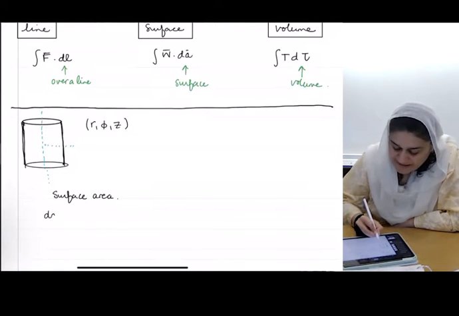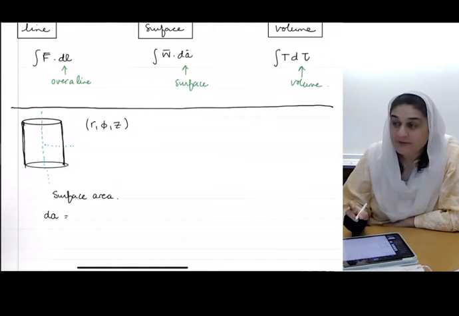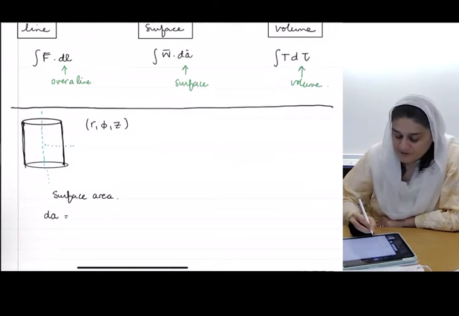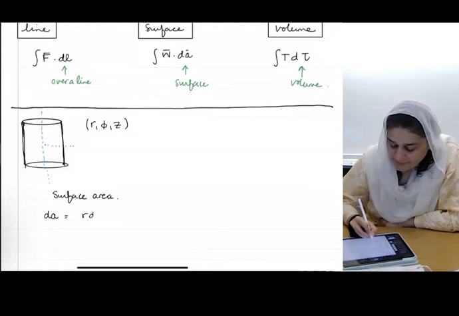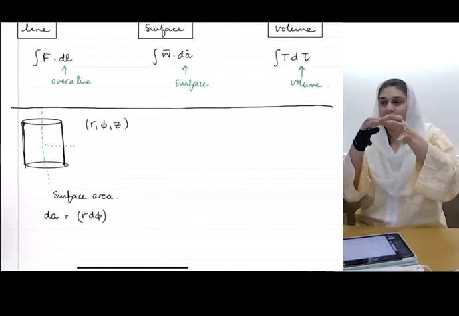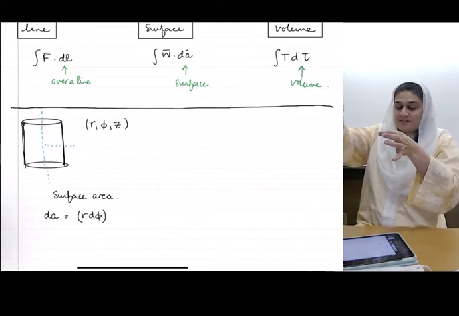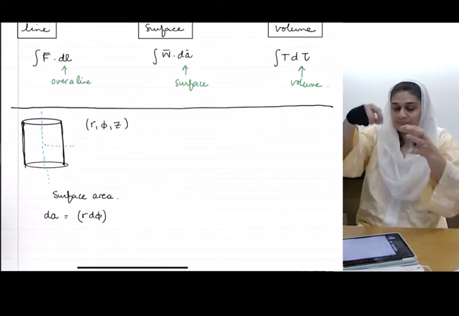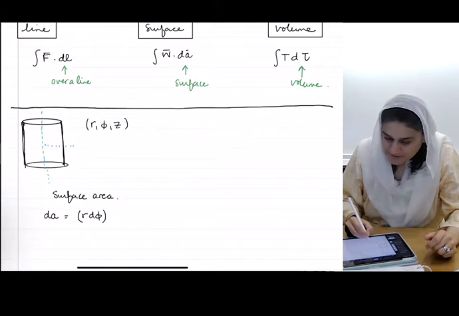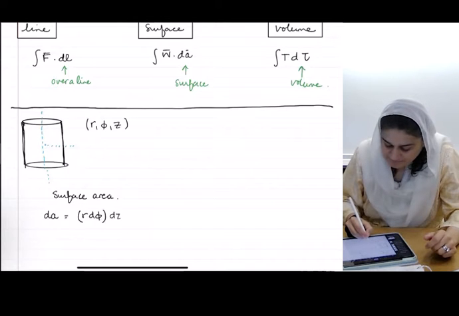So my dA, which is my area element, will be made from d phi, my area that's being swept, times dz.